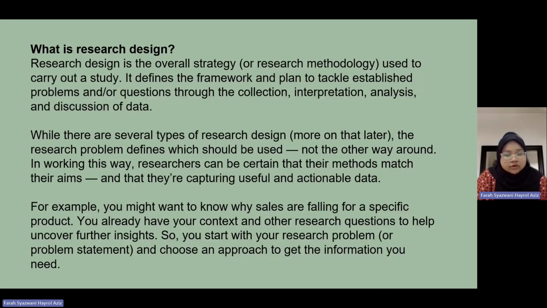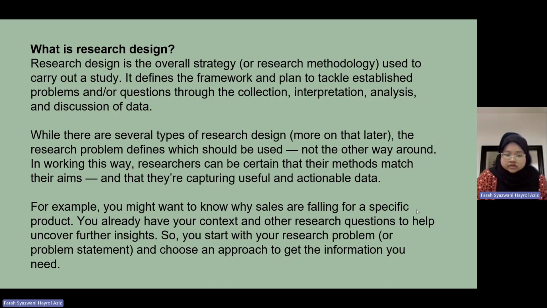It defines the framework and plan to tackle established problems and questions through the collection, interpretation, analysis, and discussion of data. So while there are several types of research design, the research problem defines which should be used, not the other way around. In working this way, researchers can be certain that their methods match their aims and that they are capturing useful and actionable data.